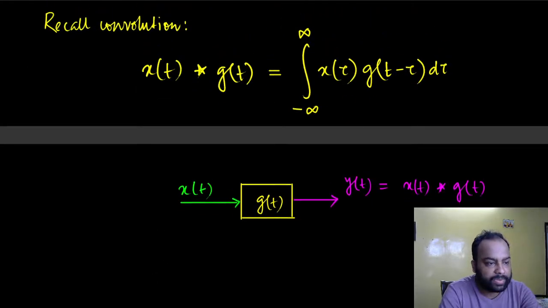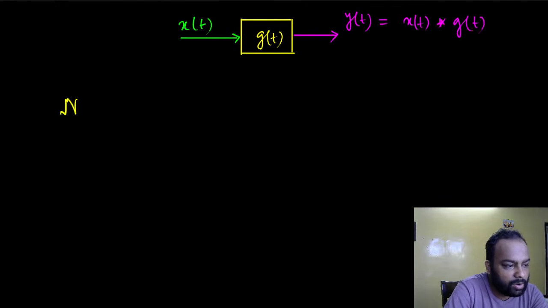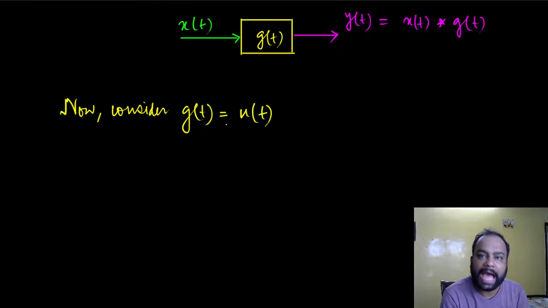Now, using this convolution property, imagine that g(t), the impulse response of the system, is a unit step signal. Imagine the system we have has an impulse response of unit step.